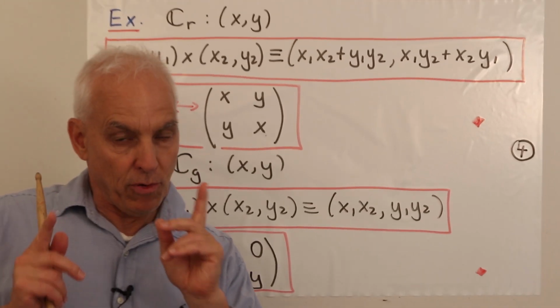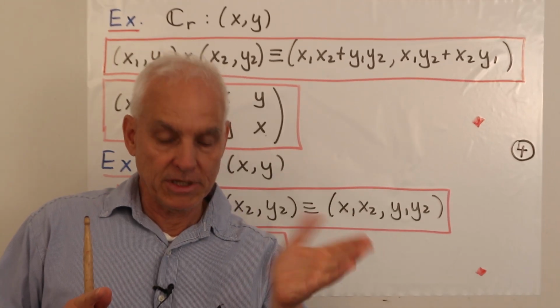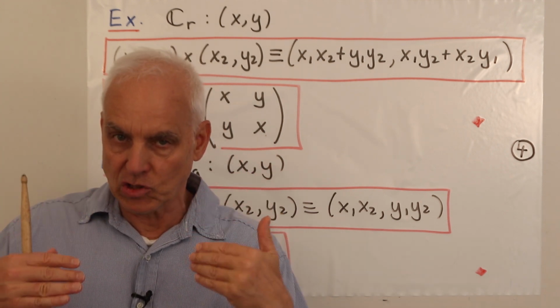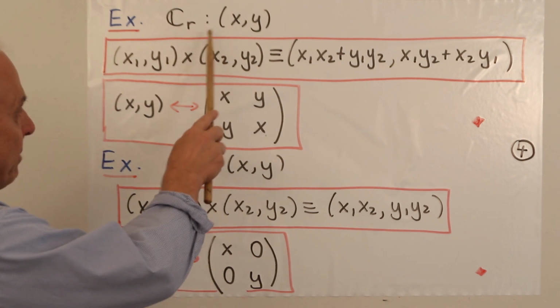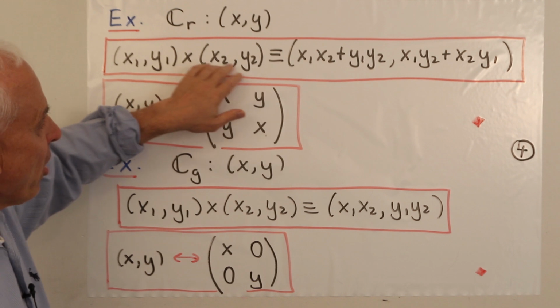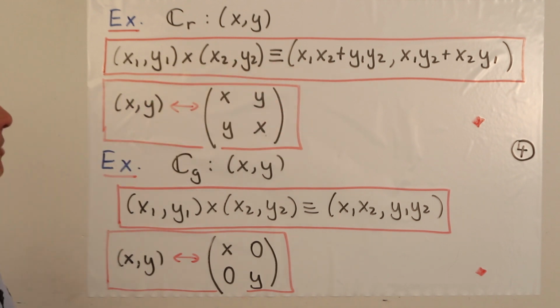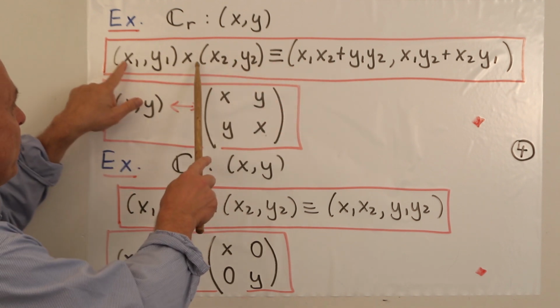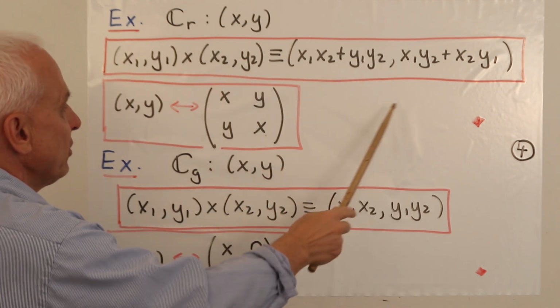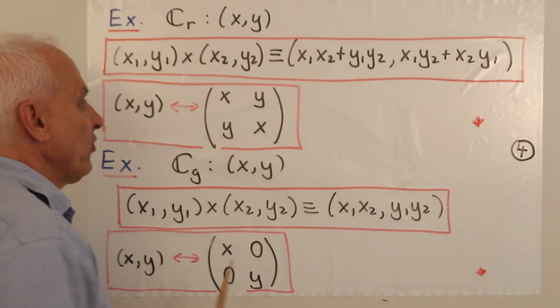Okay, so there are two important variants of the blue complex numbers, namely the red complex numbers and the green complex numbers, and they are also algebras. So the red complex numbers consist of vectors x, y with the usual additive structure, and here's the product in the red algebra's situation. x1, y1 times x2, y2 is x1 x2 plus y1 y2, and also x1 y2 plus x2 y1.